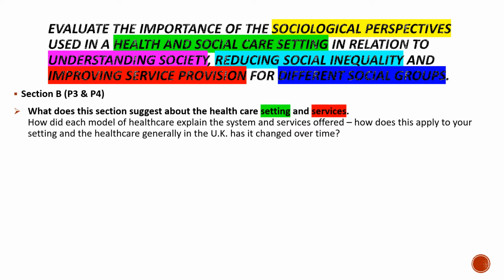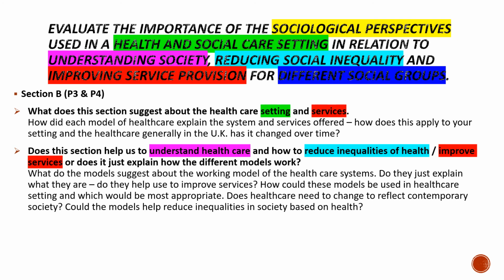What is used within your setting? Generally, if you're talking about a GP, the likelihood is it's going to take a biomedical approach. But you might want to highlight that, there's been a shift towards more social models, maybe even more complementary models. So it's thinking about how the healthcare system works and is changing.